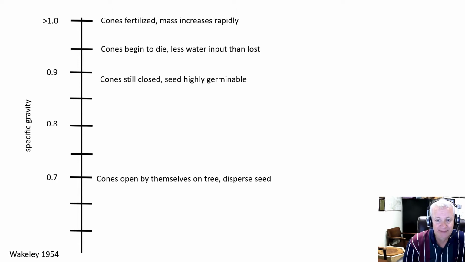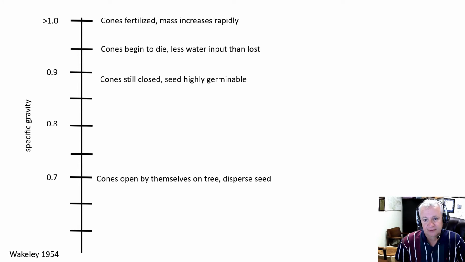And Wakely pointed out that monitoring the moisture content of cones is the proximal variable that we're interested in for determining when cones are available for harvest. But he also pointed out that it takes a couple of extra steps to determine moisture content.